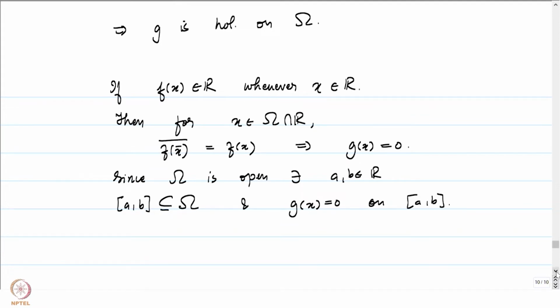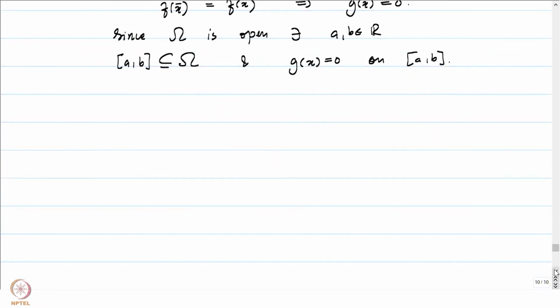But now let us go back to the previous week's lectures and recall that the zeros of a holomorphic function are isolated if it is non-zero. So in particular, if g were to be non-zero and if g of x were to be 0, then there exists a punctured neighborhood of x where g does not vanish, but that can never happen here.